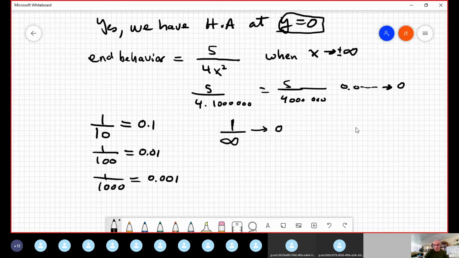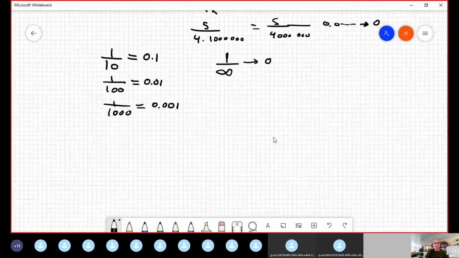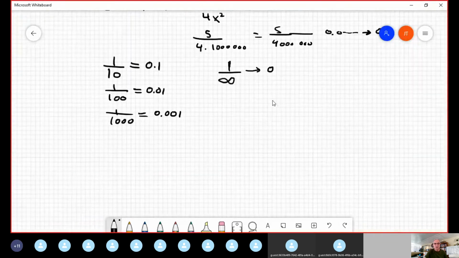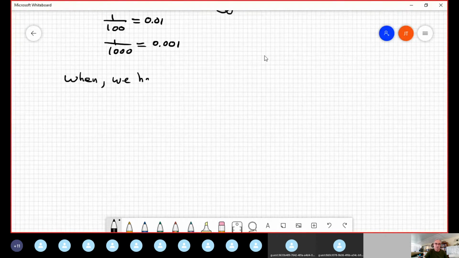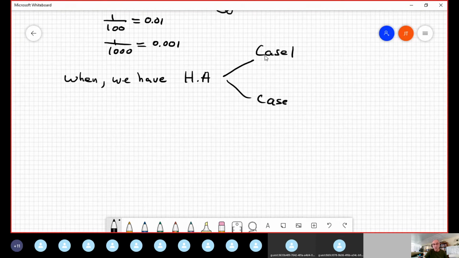Is this clear, confusing, complicated? I promise in the example you will see it very well. I review this concept again. Let me stop and summarize. We have horizontal asymptotes in two cases. Case one is the ordinary case, and case two is special.